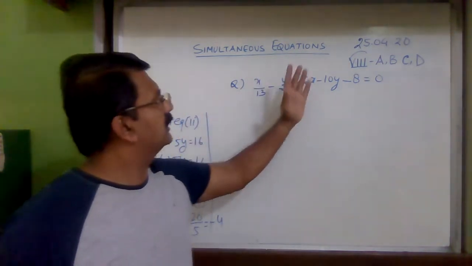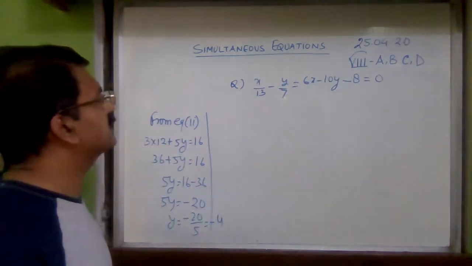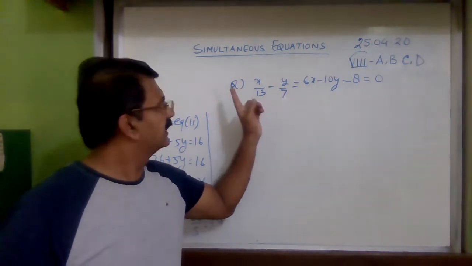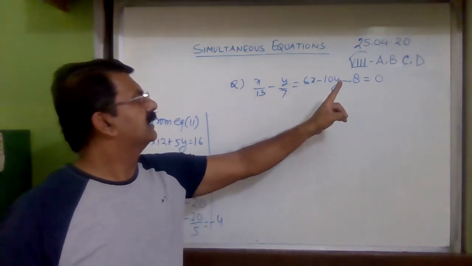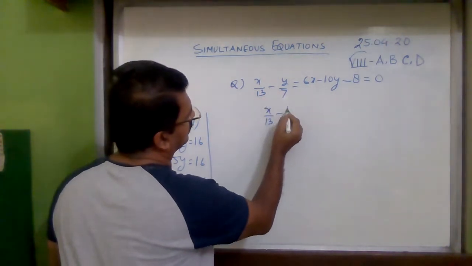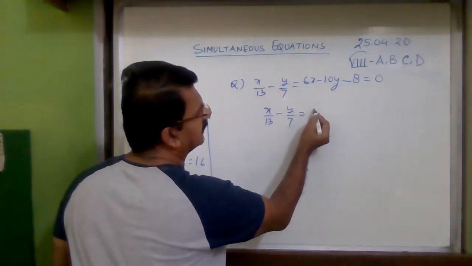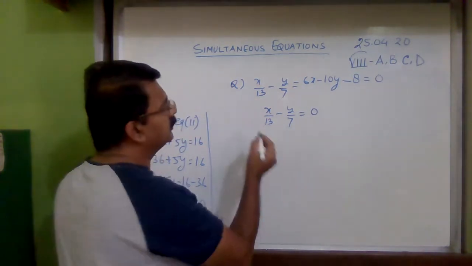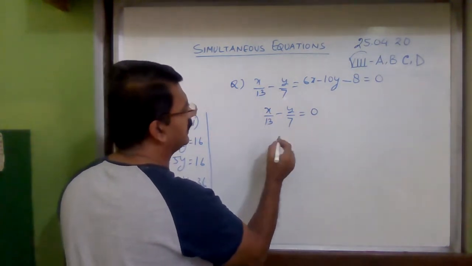And it is given that all the three parts are equal to each other. So first of all, we'll equate the first part with the third part. That means x by 13 minus y by 7 is equal to 0. Now you know 13 and 7, the LCM will be 91.